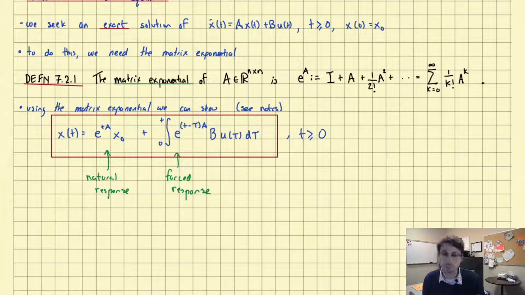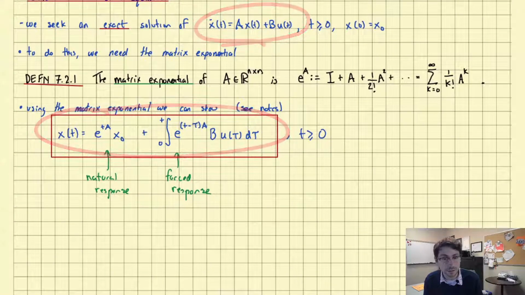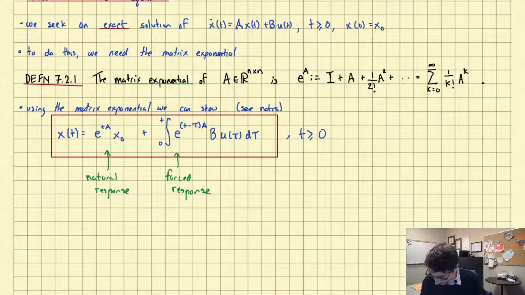But we know from previous courses that a nice way to solve differential equations is to use Laplace transforms. We just saw it with discrete time systems. We use Z transforms. So let's do the same thing. Let's take the Laplace transform of this guy and then compare the two, the time domain solution to the Laplace domain solution.